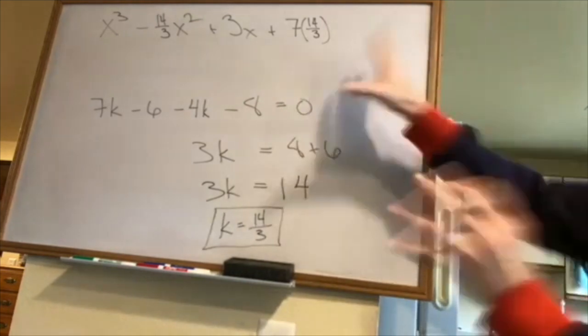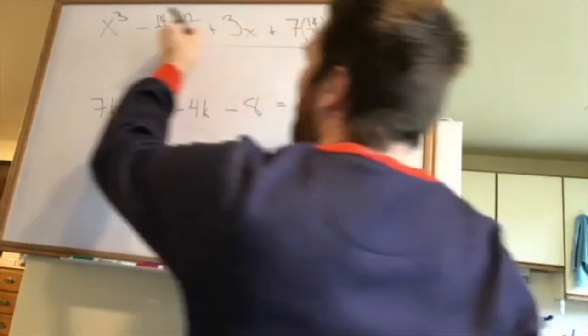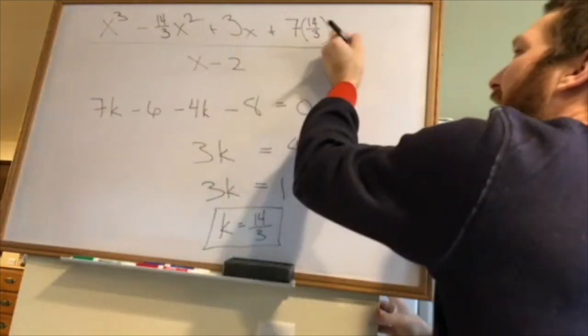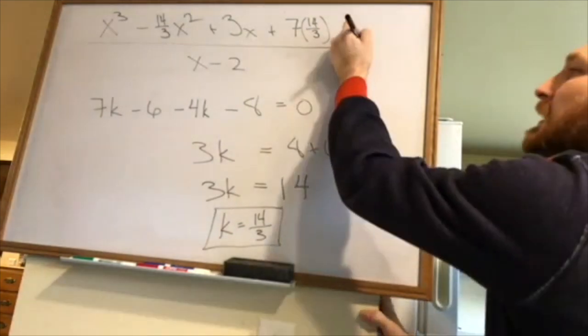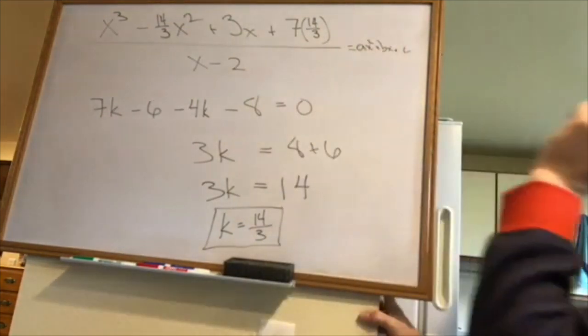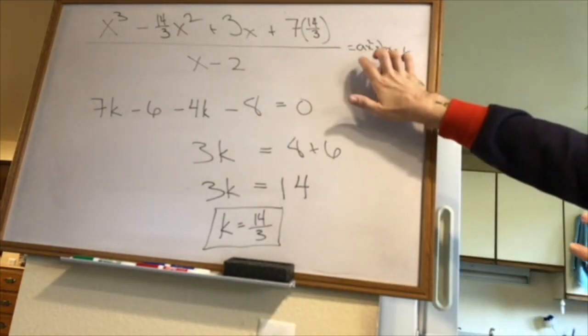If we had this to begin with, and we took it and divided it by x minus 2, we would have some polynomial, ax squared plus bx plus c, where there is no remainder. It would be just a pure polynomial.